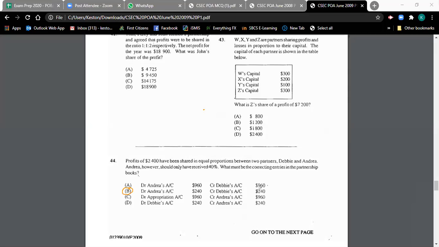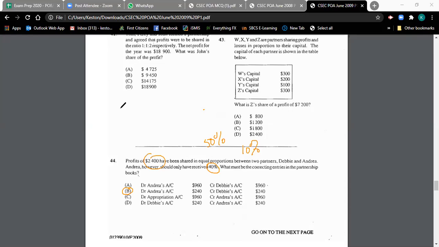Yeah? Does everybody understand now? There is a 10% difference. She should have received 40%, but she got 50% instead. So the difference between the two is 10% of this 2,400.